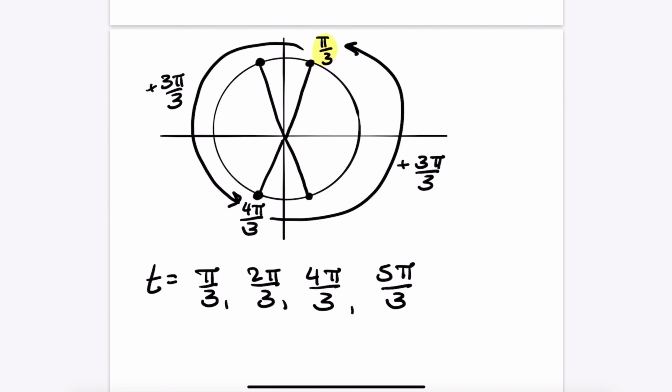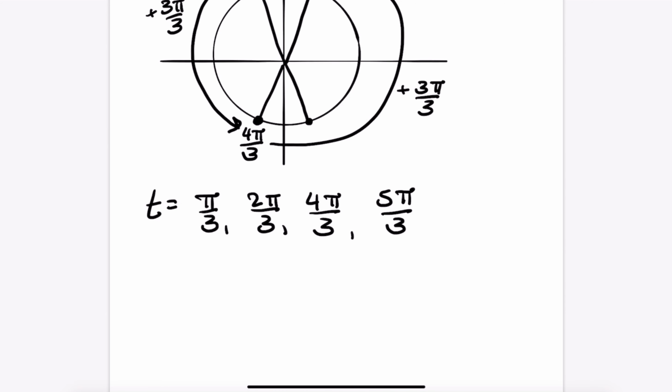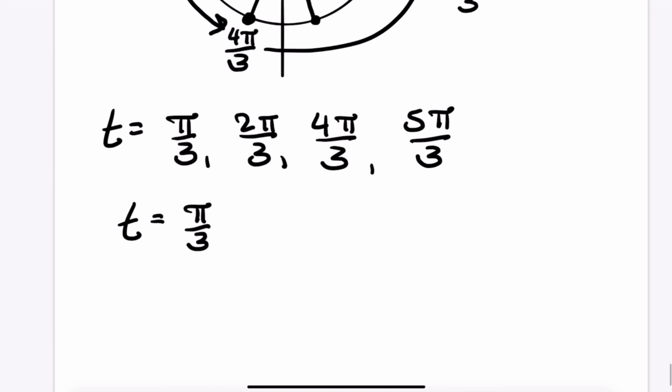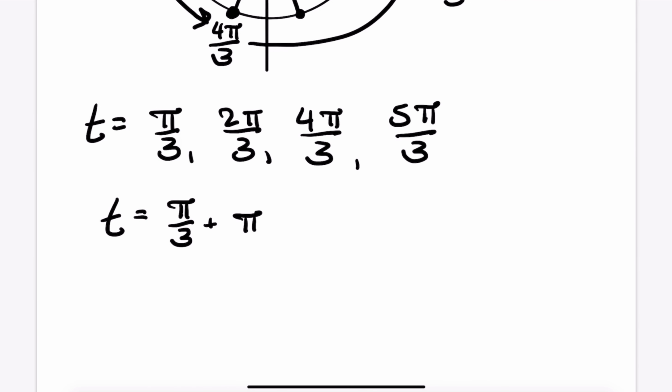So it looks like no matter how many times we add pi, we're still going to land on these 2 valid solution points. So we can say that t is equal to pi over 3. And remember, we can add pi as many times as we want, and we're still going to get valid answers.